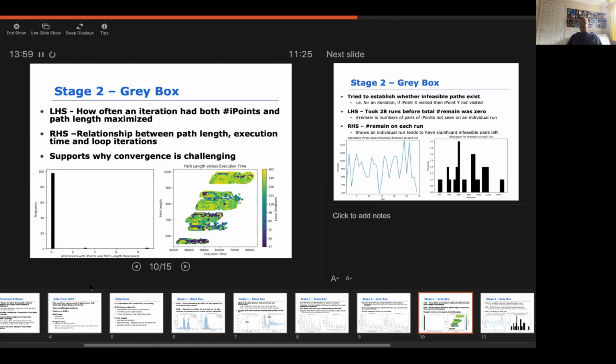The right-hand side graph is really informative, and it tells you a lot about the software and the challenges that would be faced in testing this software and fully understanding it. On the y-axis is the path length, so the number of I-points covered during an iteration, and on the x-axis is the execution time, and then the color coding tells you the number of loop iterations.